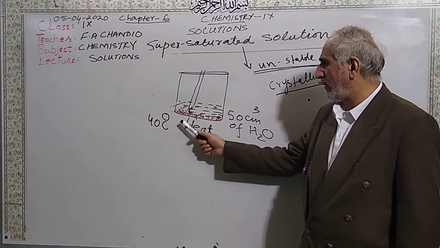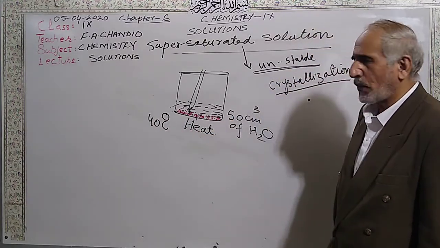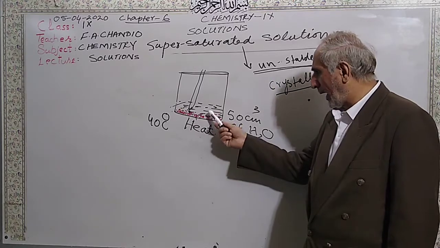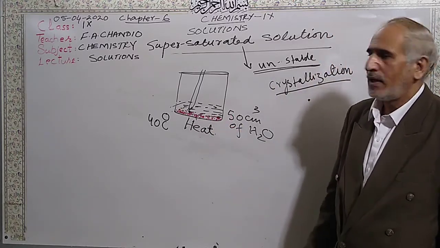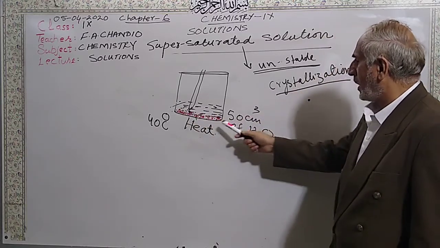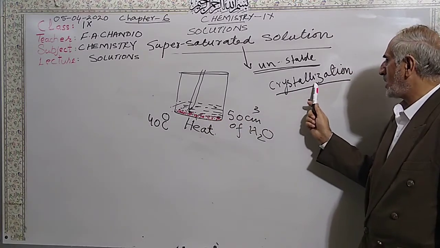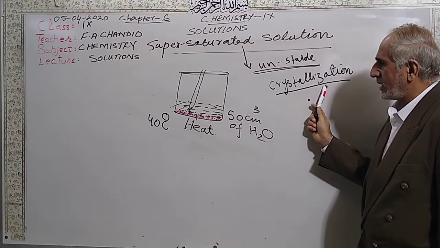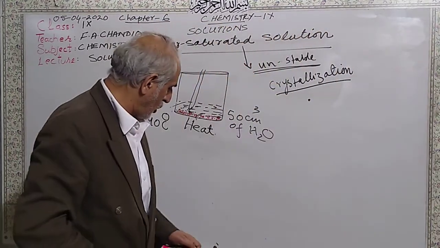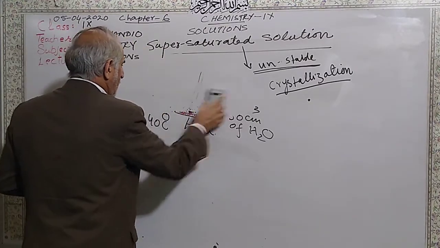So when we take out the burner, the cooling process takes place, and the extra solute you added settles down here and you get the solute here. So crystals of the solute form, and this process is called crystallization, and you will get a saturated solution again.